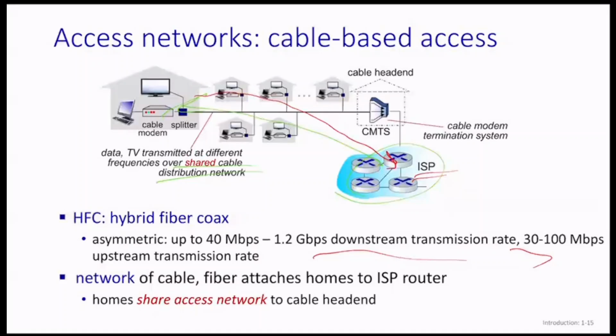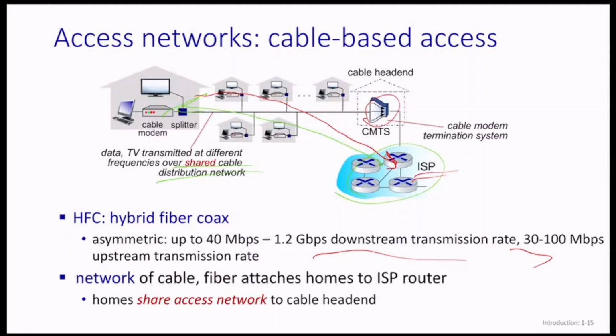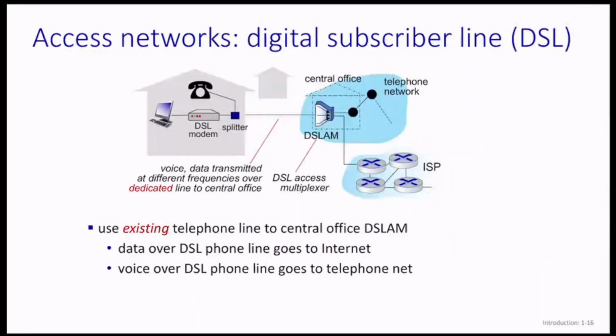All the data goes to the center part, where there is the cable modem termination system, which forwards that to the ISP. This is currently the most popular architecture. And the second one, let's also check out the digital subscriber line.